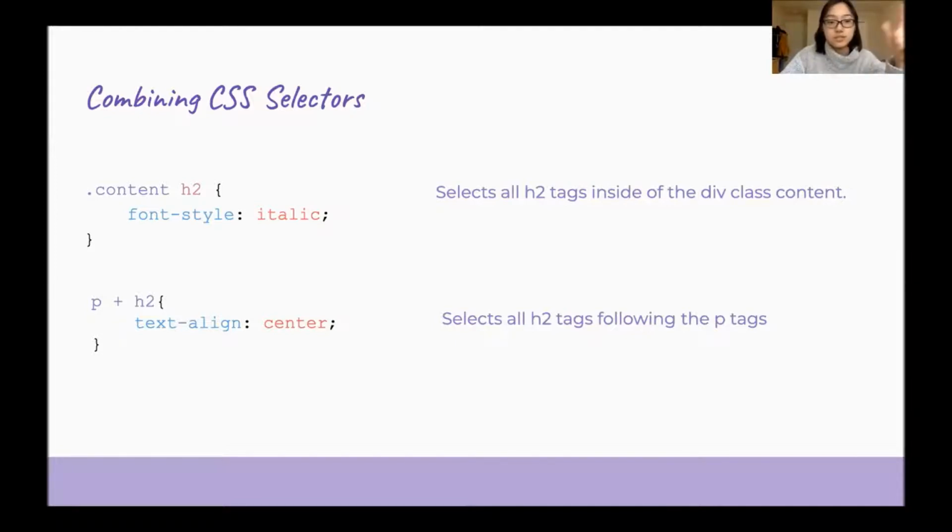You can do the same thing here. Yesterday we did it with div class intro, and a lot of people do div class content. So let's say you want to select all H2 tags inside of div class content. You would do dot content and then H2.